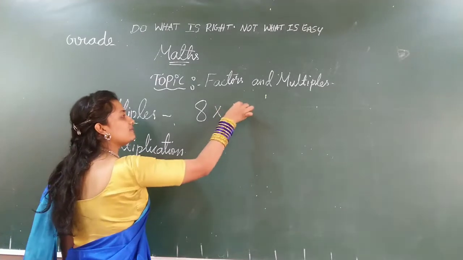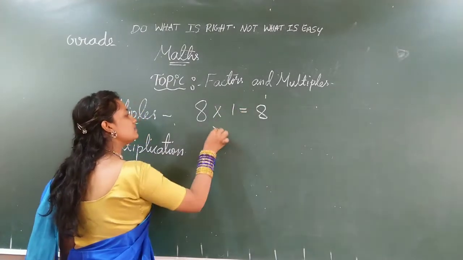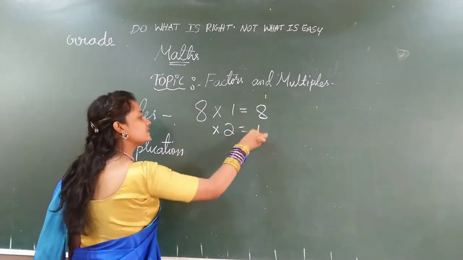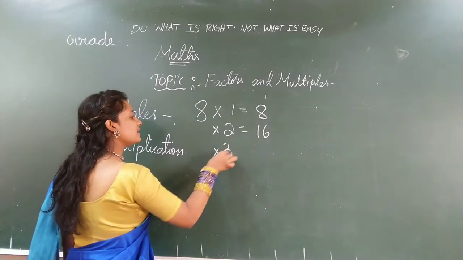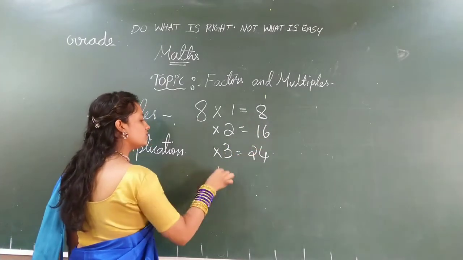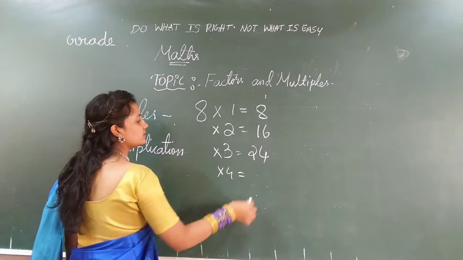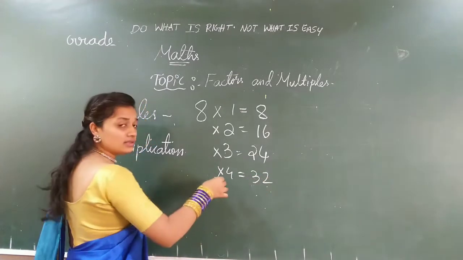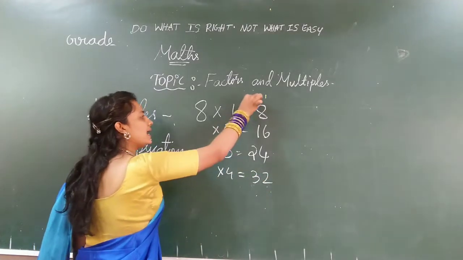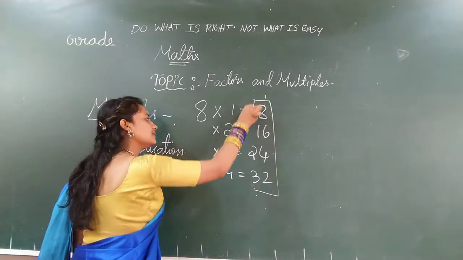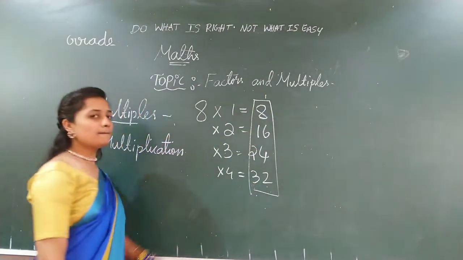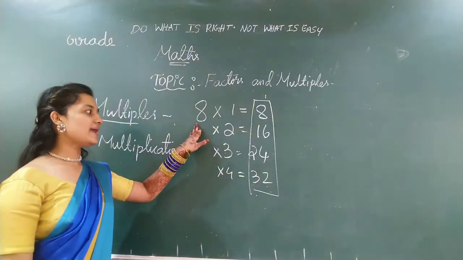If I multiply with 1, I get 8. If I multiply with 2, I get 16. Multiply with 3, I get 24. With 4, I get 32. And it goes on. So the answers which I got here are called multiples of 8.